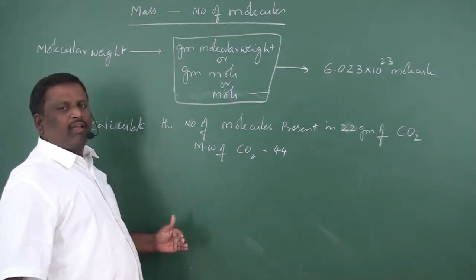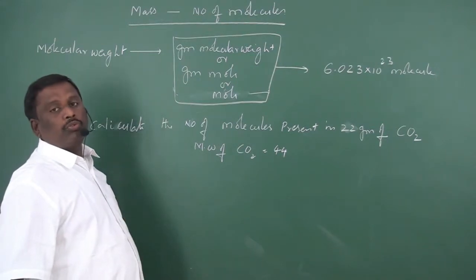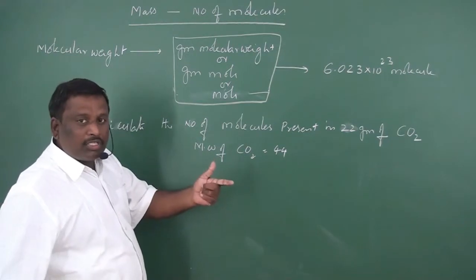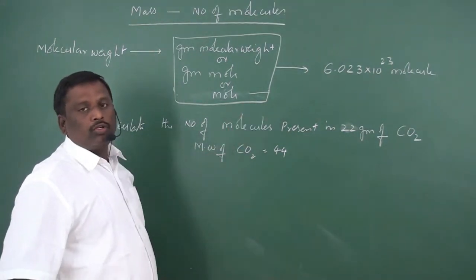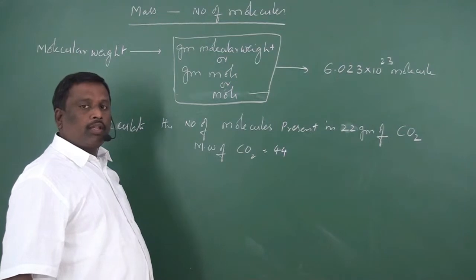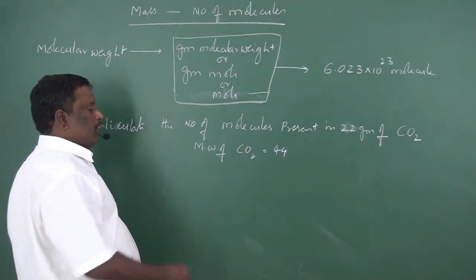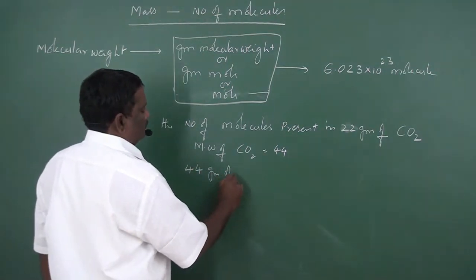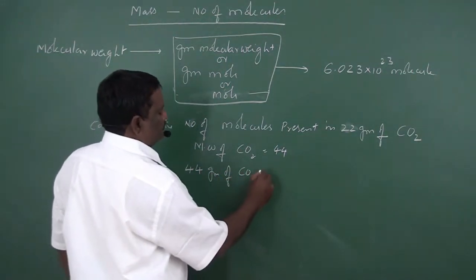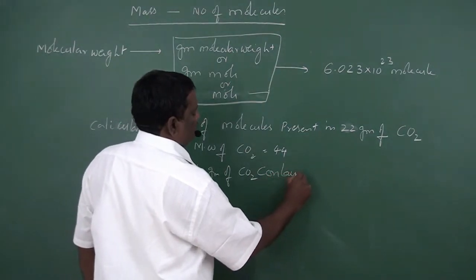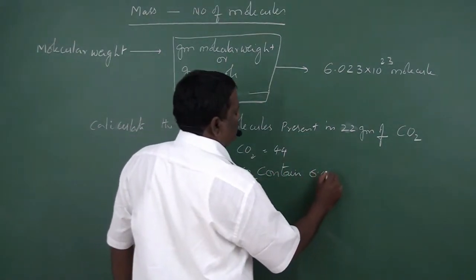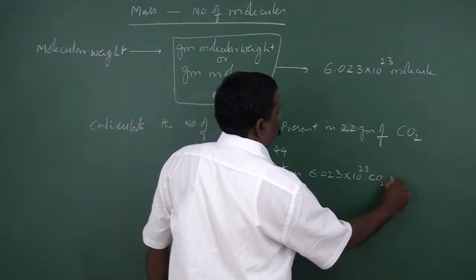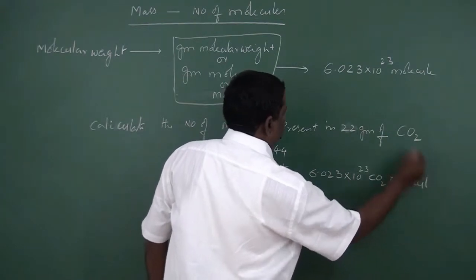If you take 44 grams of CO2, then it will be equal to 1 mole. And 1 mole of that substance contains 6.023 into 10 to the power 23 molecules. So 44 grams of CO2 contains 6.023 into 10 to the power 23 CO2 molecules.